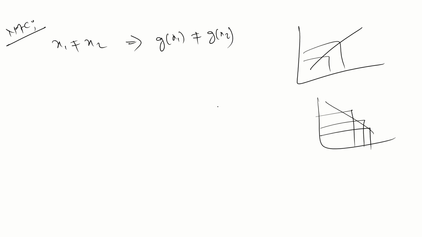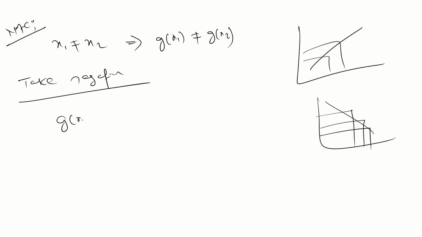For 1-1 functions, if x1 is not equal to x2, the output is not equal. Guys, take a negation of it, or you can say in the contrapositive way.